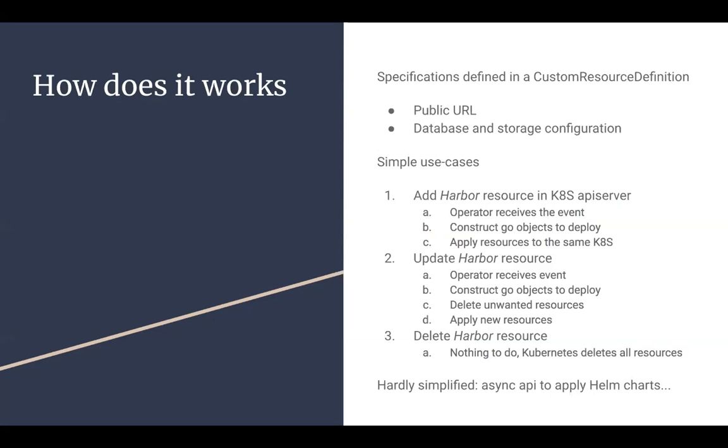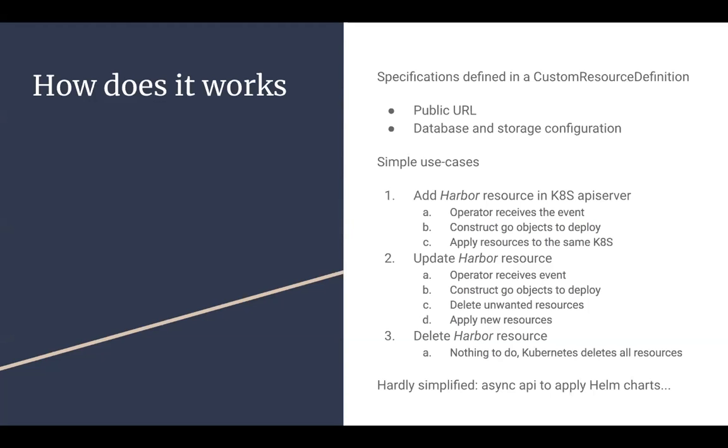That's the minimal requirement for a Harbor to work. Then, with that resource, which is only a body in an API call, we have events that are triggered by the Kubernetes system. We can add a Harbor resource in the Kubernetes API, we can update it and delete it.